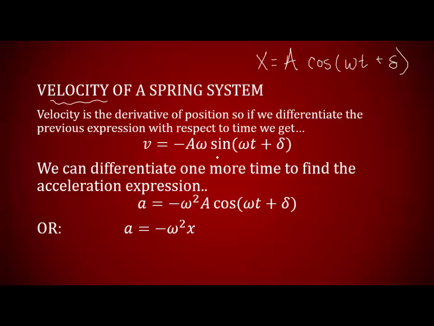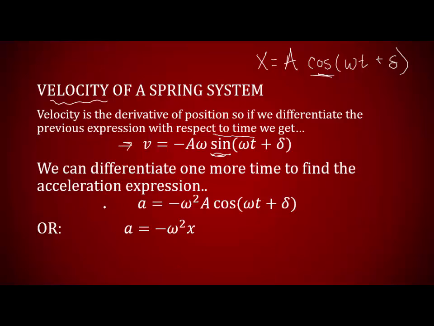But the rule is that the derivative of cosine is negative sine, and the argument of the function, which is all of this business here, you would differentiate with respect to time. So this is omega t plus delta, and that just becomes omega outside of the function, since that's the derivative of that. And so it becomes your velocity function.